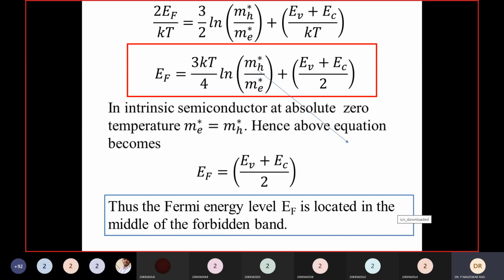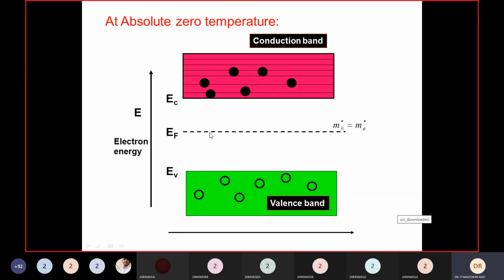Thus, the Fermi energy level Ef is located in the middle of the forbidden band at absolute temperature, that is, at 0 Kelvin. The Fermi level is exactly in the middle. What is the reason? The mass of the hole is equal to the mass of the electron.